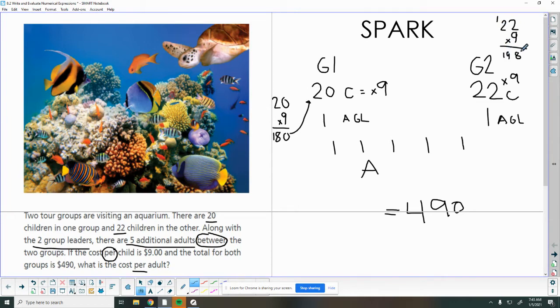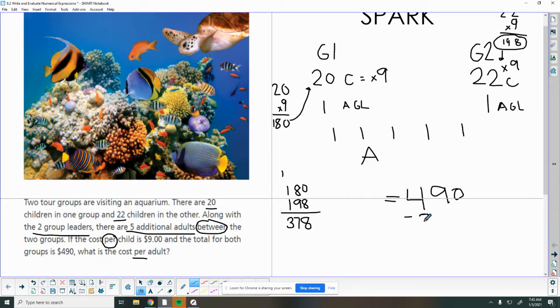So the kids in this group cost $198. So altogether, the children cost $180 plus $198. So there is 17 and $378. So together, all of the kids cost $378. So all the leftover is for the adults.